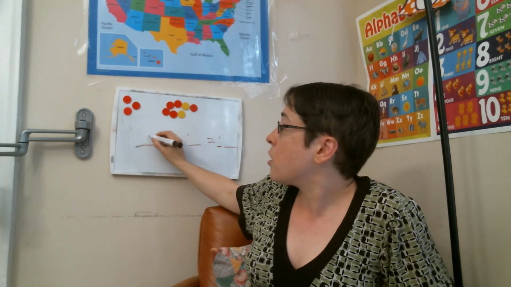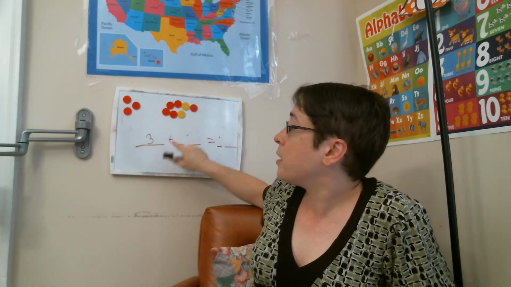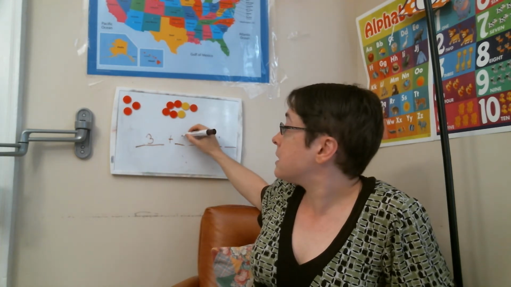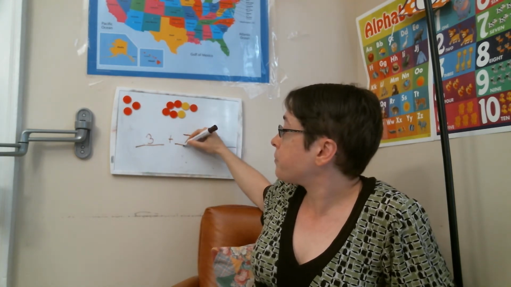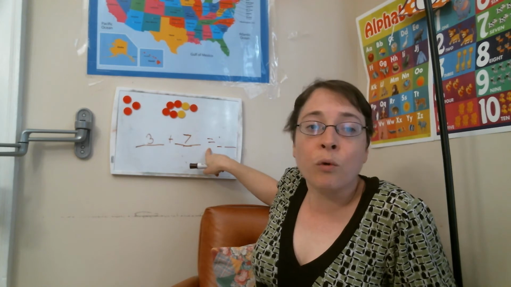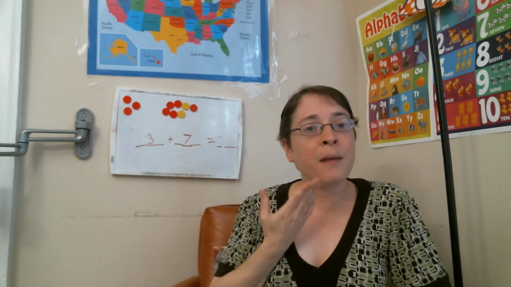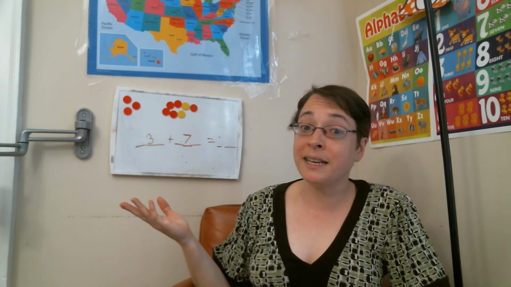So let's put the numbers in our number sentence. 3 plus 7 equals how many? What do we need to do?